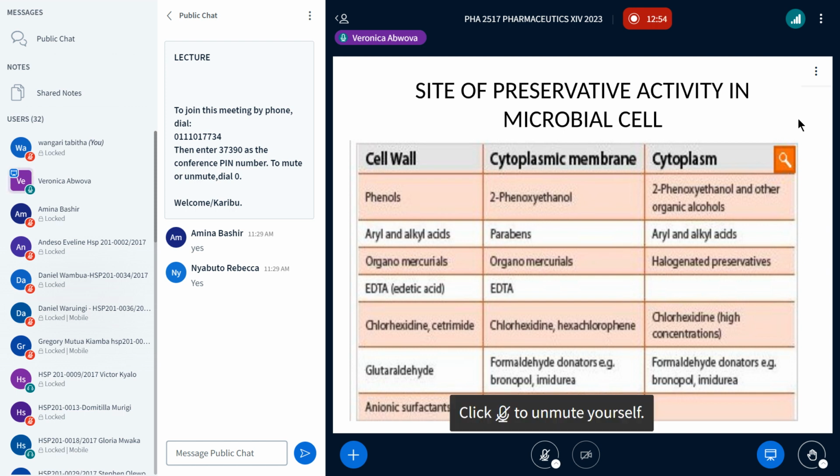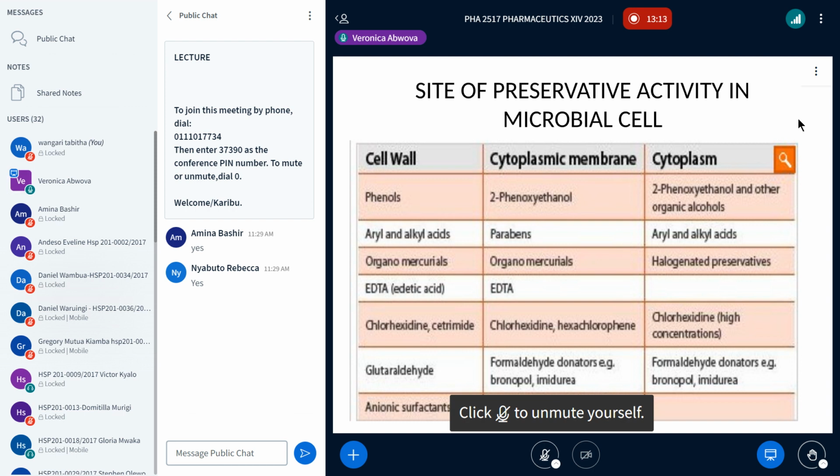Again, when you think about the cytoplasmic membrane, once you disrupt the membrane, think of the function of the membrane. Think of the function of the cell wall. So it means that if you disrupt this cell wall and yet it is performing a function, that function is interfered with.